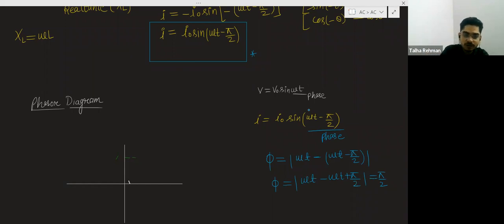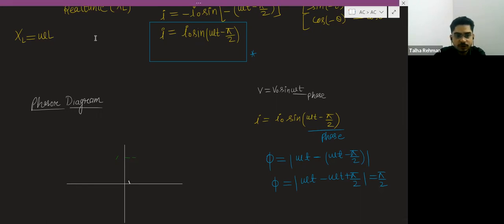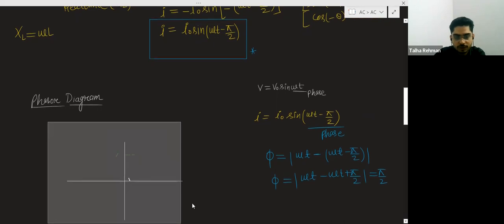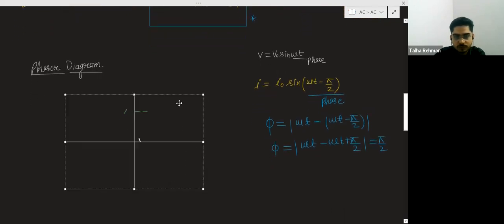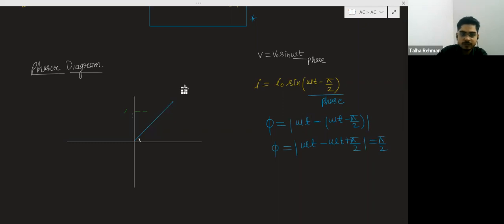Now we will plot the phasor diagram for the voltage and for the current. See how we will draw that. Two axes you can take and draw this. This is the voltage V0, and see the phase of voltage, omega t. So this voltage is making an angle of omega t like this.